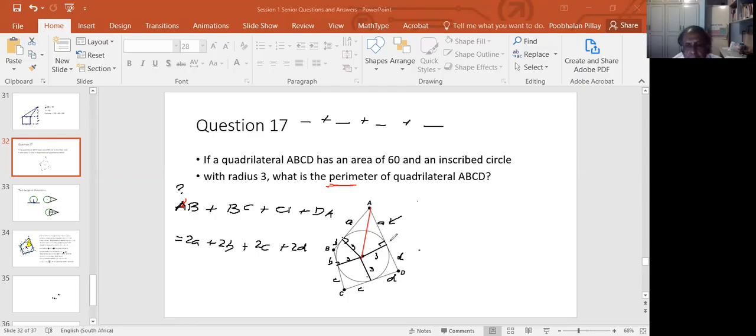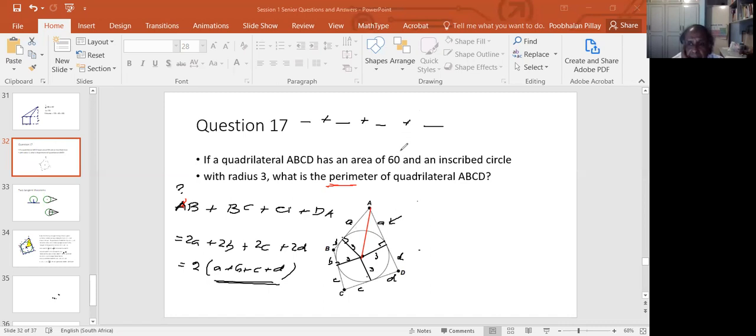So we're back to the starting point. So this is the perimeter. So, well, that 2 can come out into a plus b plus c plus d. So the problem now is to find out what is a plus b plus c plus d.